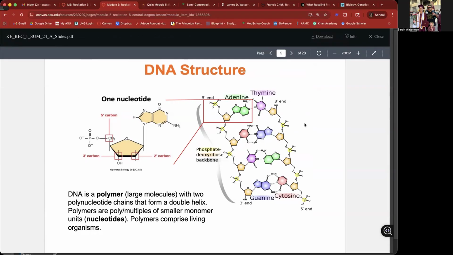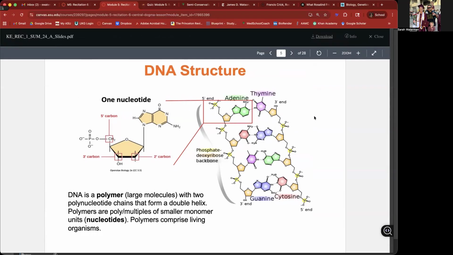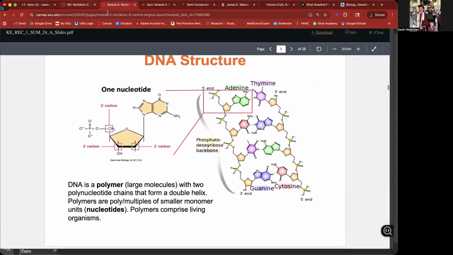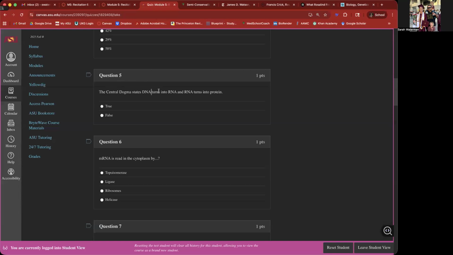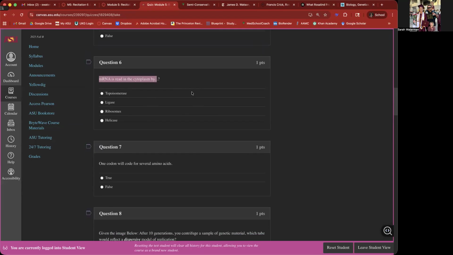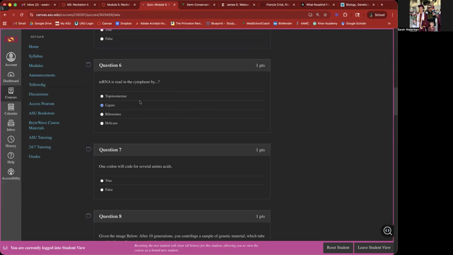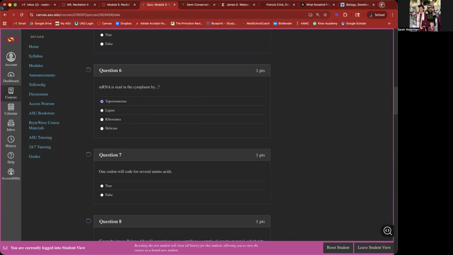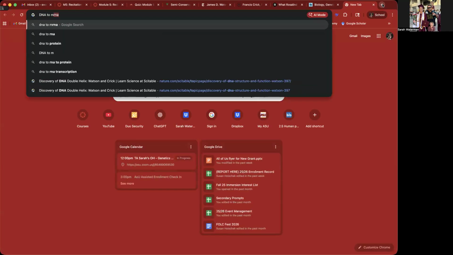And we use tRNA, transfer RNA, which brings these amino acids to the ribosome that's doing the translation. So not turning into. mRNA is read in the cytoplasm by... let's look at DNA to mRNA.